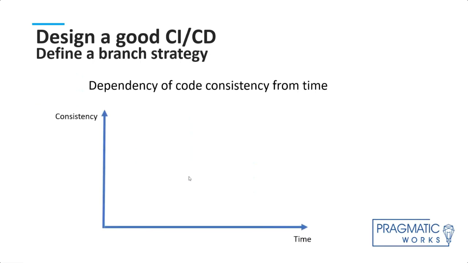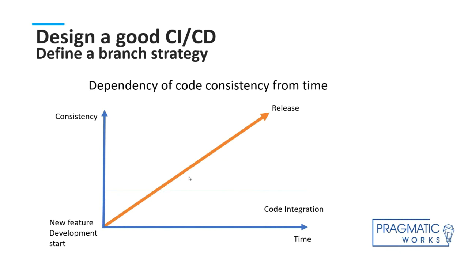So let's have a look at how we can define a branch strategy in this case. We can see here the dependency of code consistency on time. And before we can get from the new feature development start to release, we must go this way. At the first stage, we need to check the code integration before we can merge our new feature to the other code base.